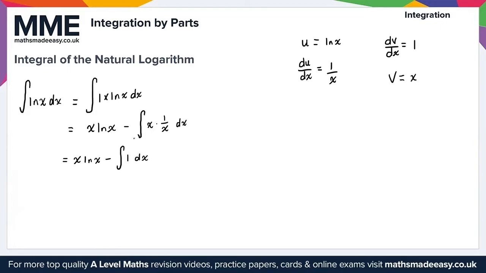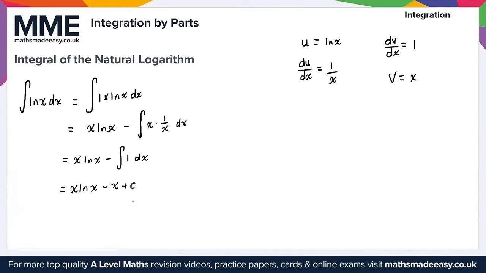All we need to do now is work out this integral of 1 with respect to x, which would clearly give us x. So this is x ln x minus x. And don't forget, we need our constant of integration, as we have no limits on the integral. So we've got our plus c.